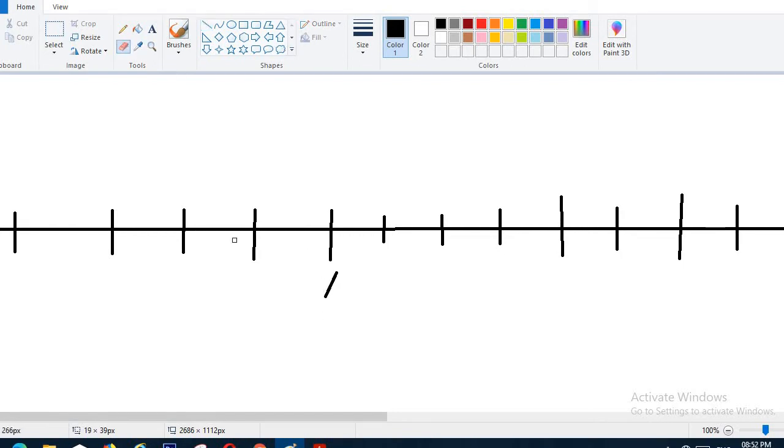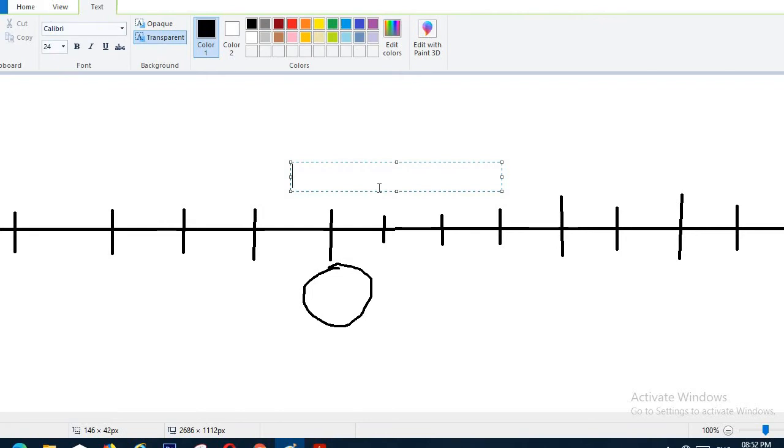So let's delete this, and let's suppose this is 0, and this is aluminium.